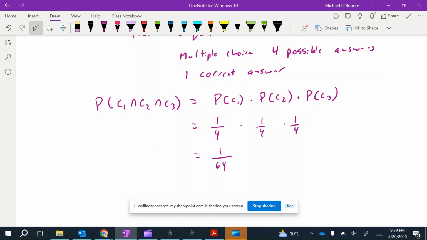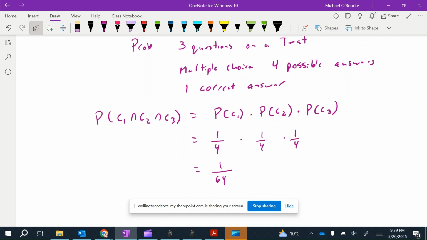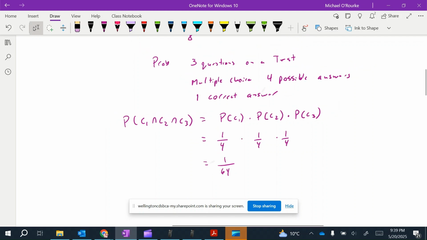Okay, so those are all independent. Picking an answer for question 1 does not affect the probability of question 2 occurring and the probability of question 3 occurring.